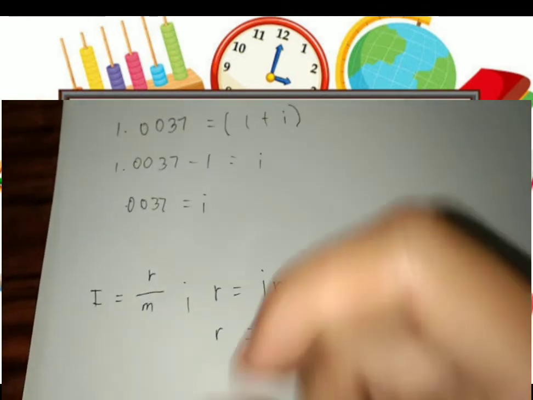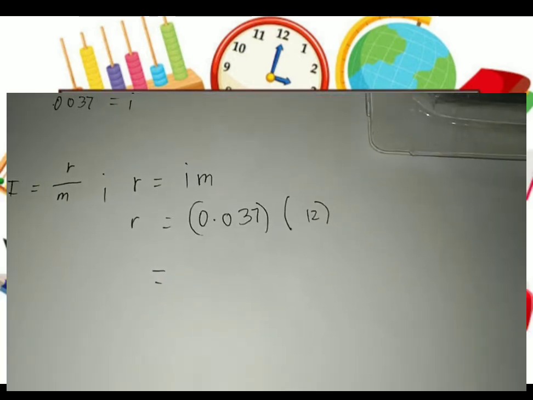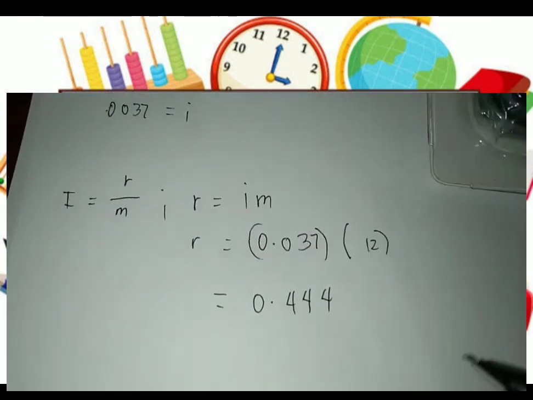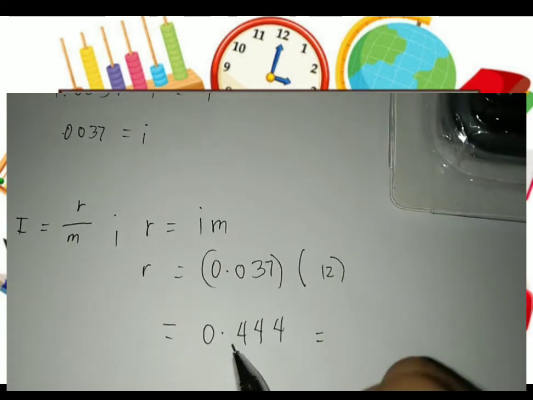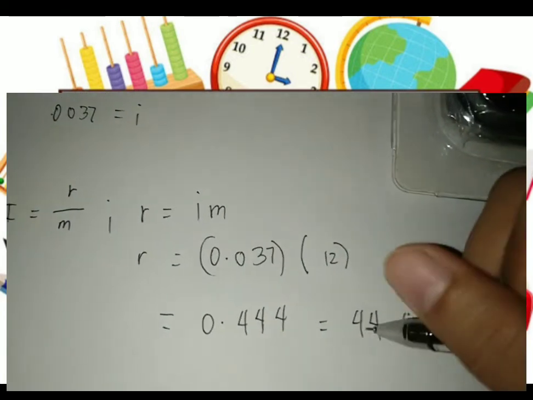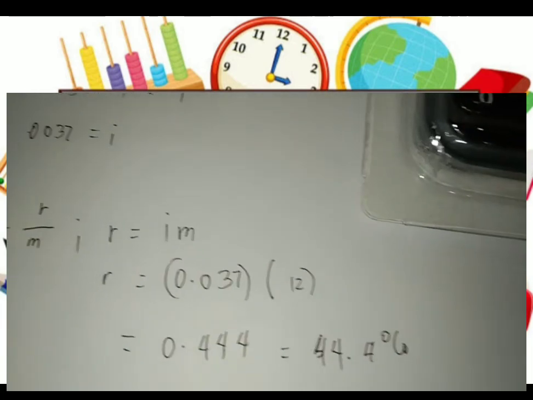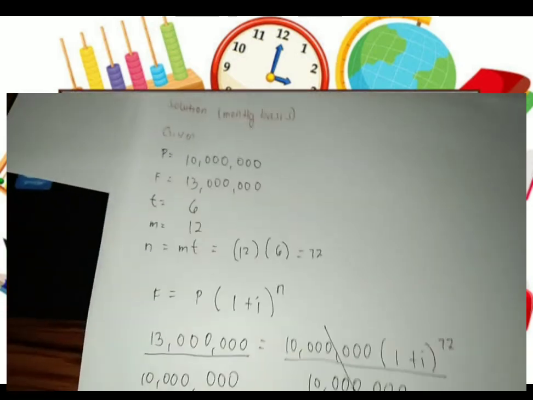We multiply it, and the answer is 0.0444. If we transfer it into percentage, 4.44%. This is the answer in our monthly basis.